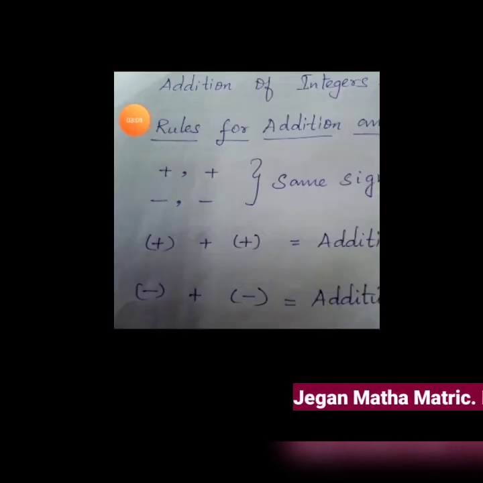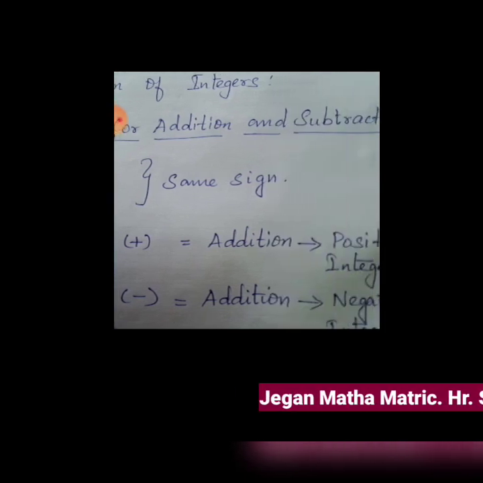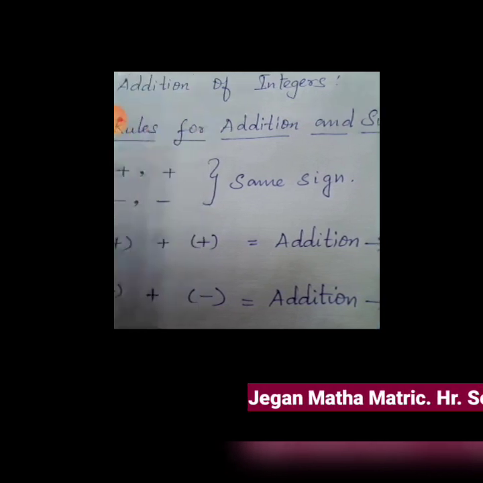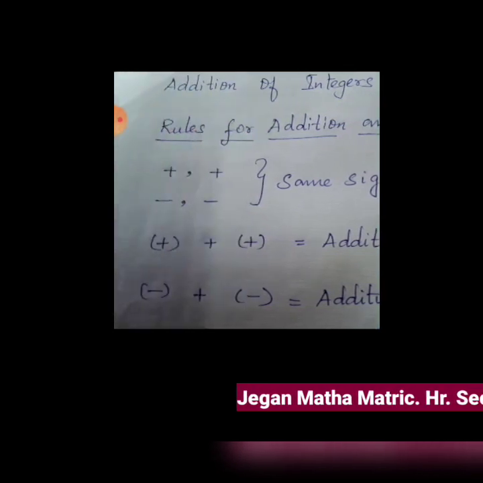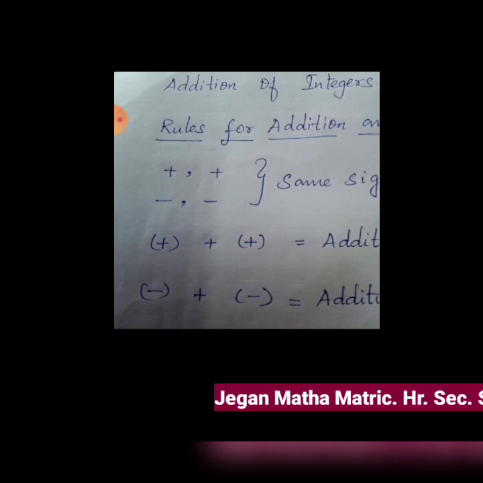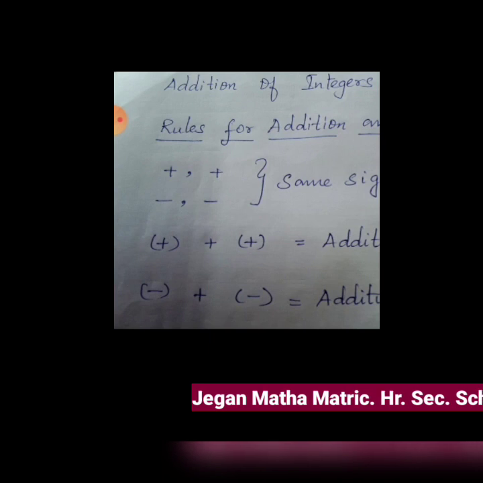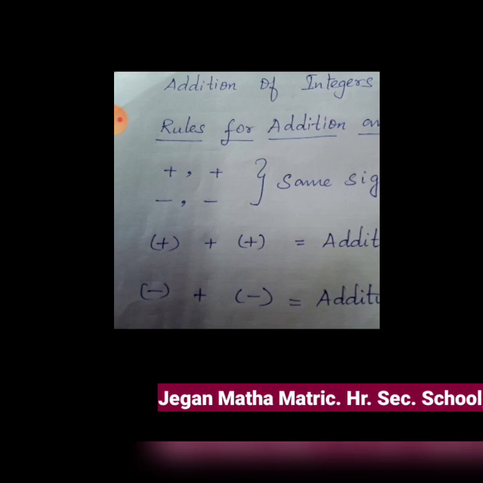Next we learn about addition of integers. Before that we must know the rules for addition and subtraction. For addition, at least we need two numbers. If two numbers have the same sign, that means both positive or both negative, they are considered same sign integers.